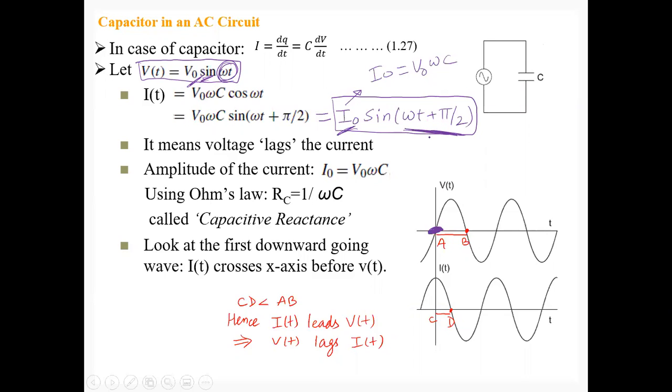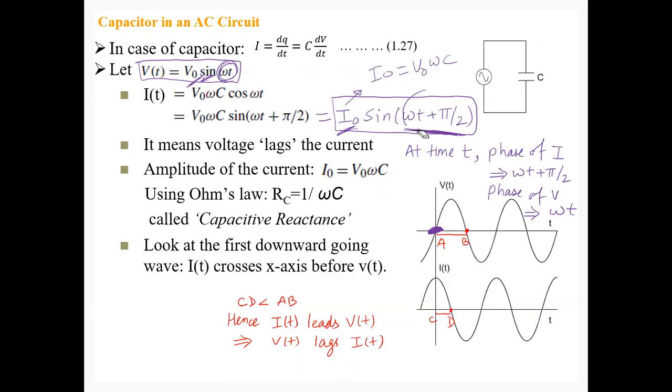Now I'll ask the question here. At a time t, what is the phase of I? Omega t plus pi over 2. At the same time, what is the phase of V? Omega t. Which is bigger?